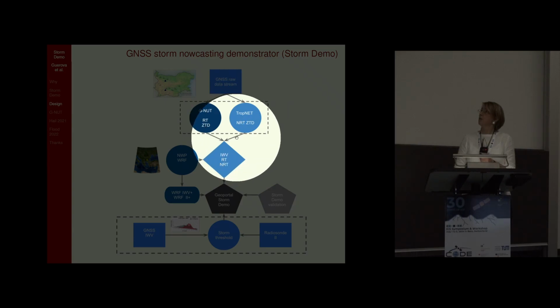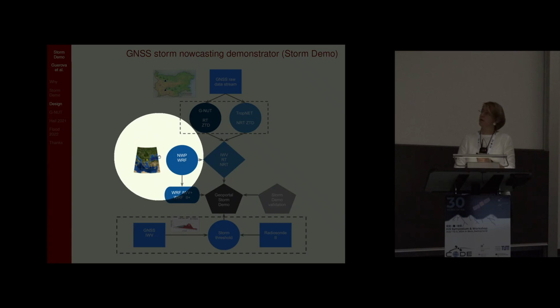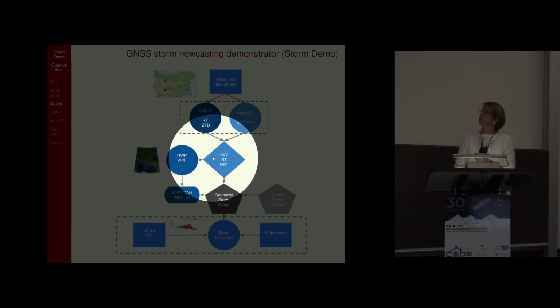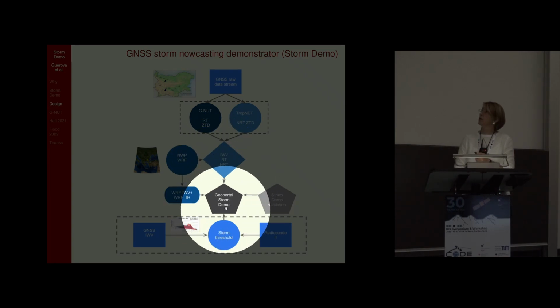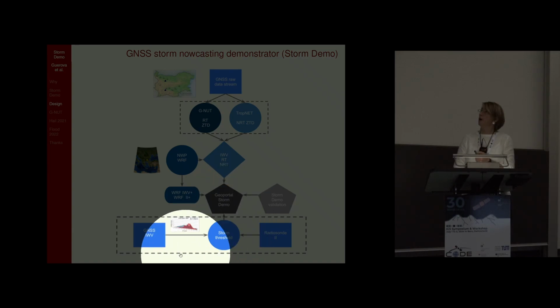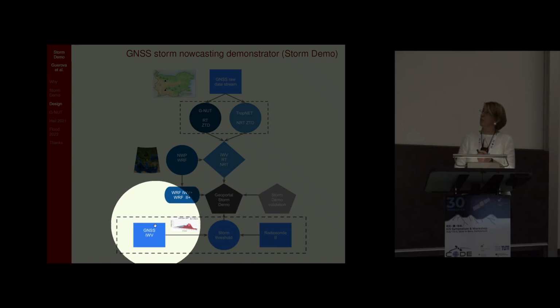Those stations provide real-time RINEX files, and then our colleagues from the GNSS company process this in real time, deriving the ZTDs. For the demonstrator, we also did reprocessing with near real-time data to validate the real-time products.